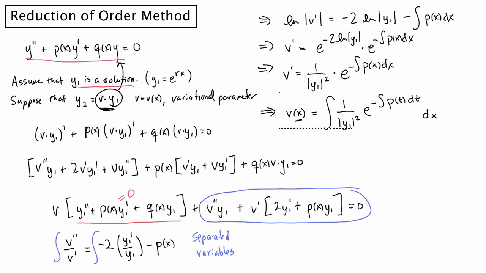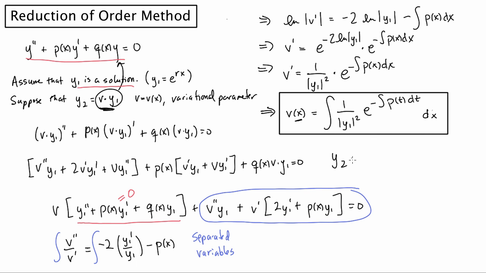What this basically says is that if you're looking for a second solution, then that second solution, y2, is going to be equal to this v of x times the first solution.